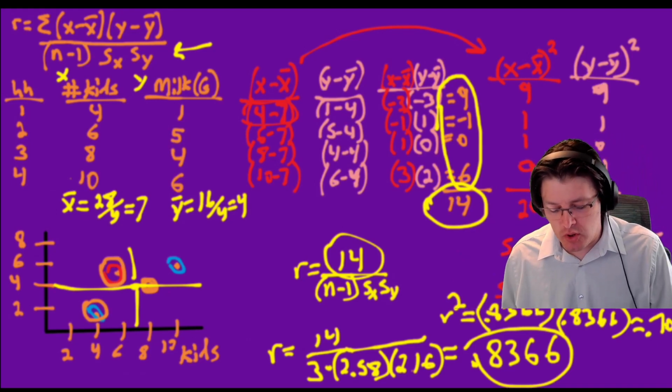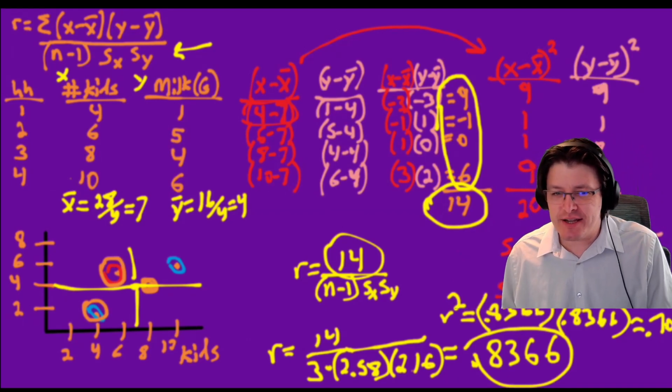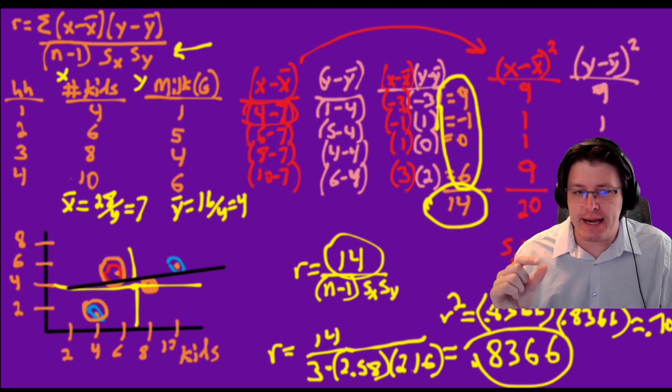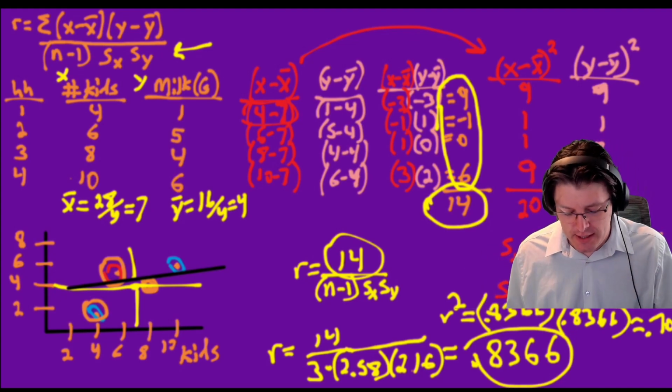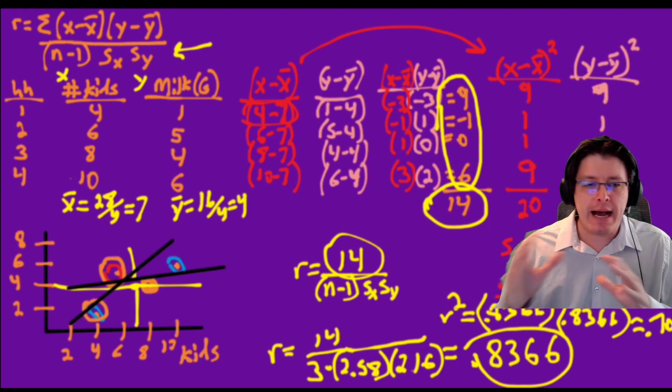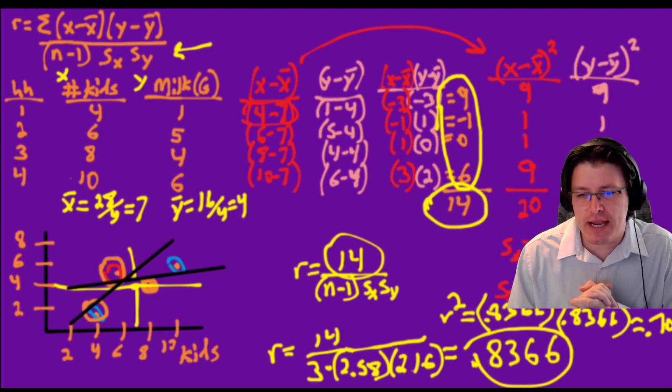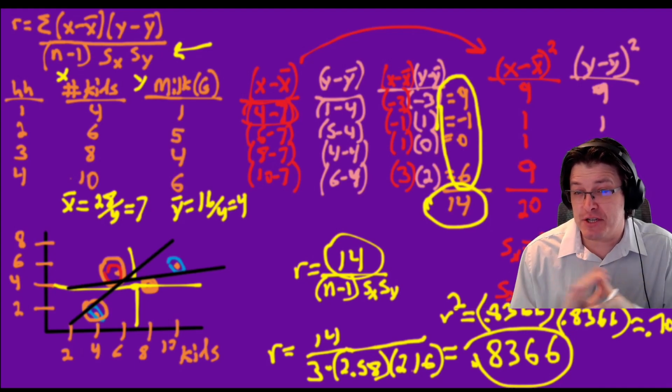Regression is, loosely speaking, that best fit line. Is this the best fit, or is that the best fit? How do we pick out which is the best line to summarize our data and the relationship between the data points?